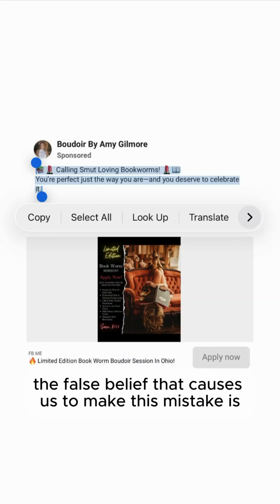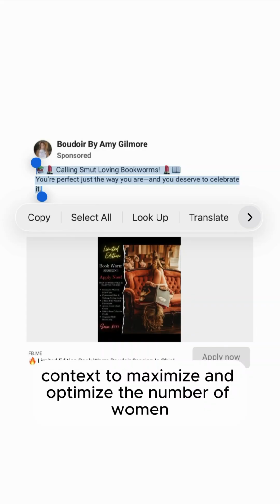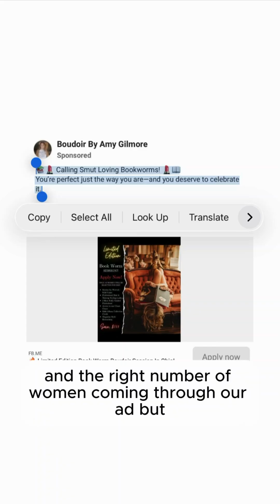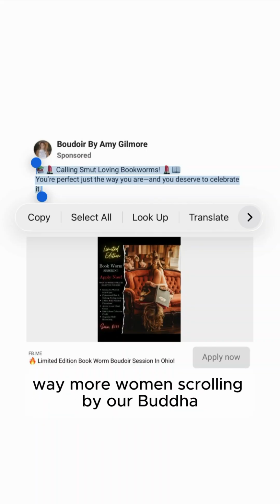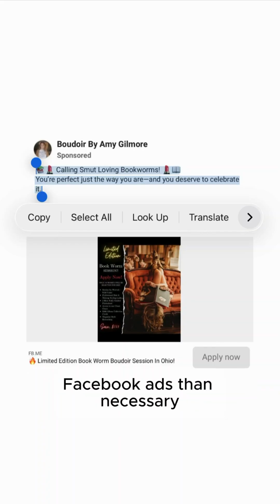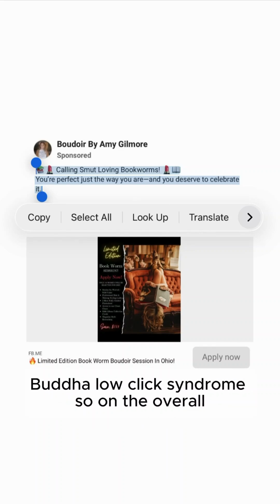The false belief that caused us to make this mistake is we believe we provided enough context to maximize and optimize the number of women, and the right number of women, coming through our ad, but we didn't do that. So the consequence is way, way, way more women scrolling by our Boudoir Facebook ads than necessary, pulling our unique CTR all under 6%, contributing to BLCS, Boudoir low click syndrome.